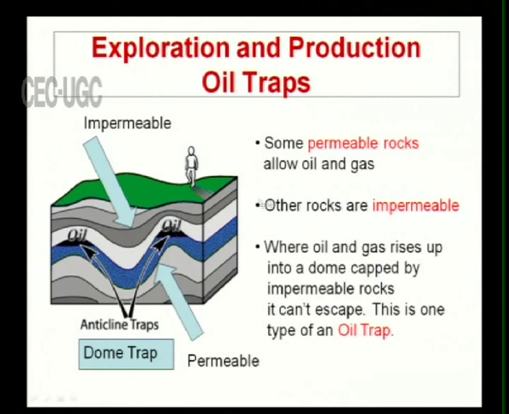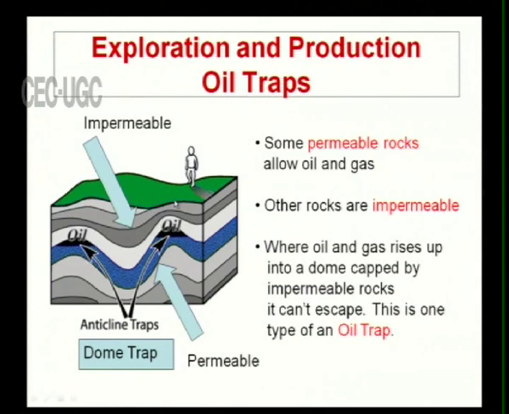Look at the diagram: some permeable rocks allow oil and gas, and some rocks are impermeable. In between an impermeable and a permeable rock, the oil seeps and deposits, and that is called an oil trap. Therefore, an oil trap is always in between a permeable and an impermeable rock.